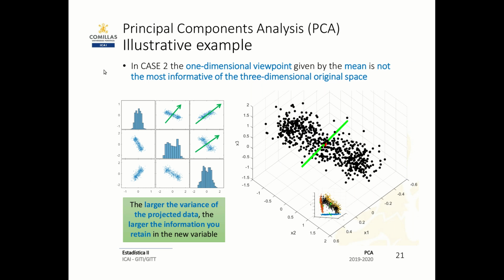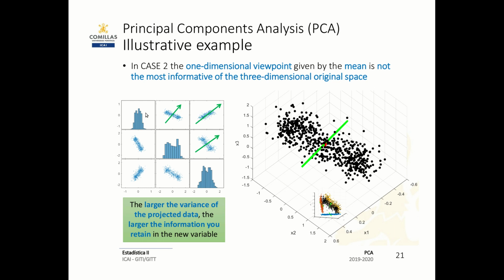So here we have, represented in the scatter plots between x1 and x2, x1 and x3, the average. Taking the average in x1, x3 would be a good idea, because it goes with the data, with the cloud of data points.